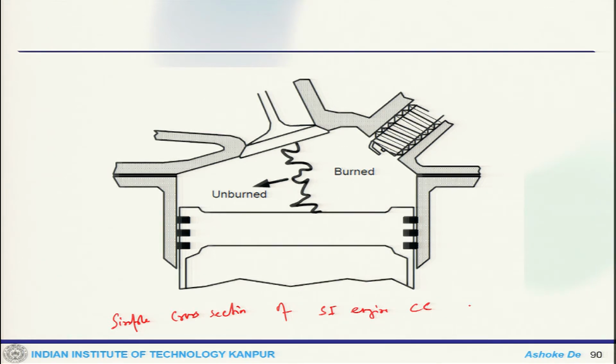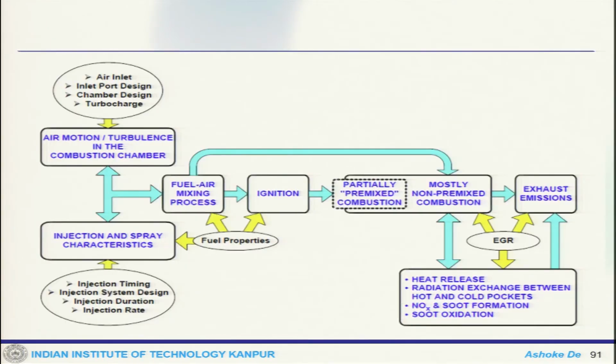Now, if you see the diesel engine operation, this is how it takes place. In your CI engine, compression ignition engine, the operation takes place through many processes.